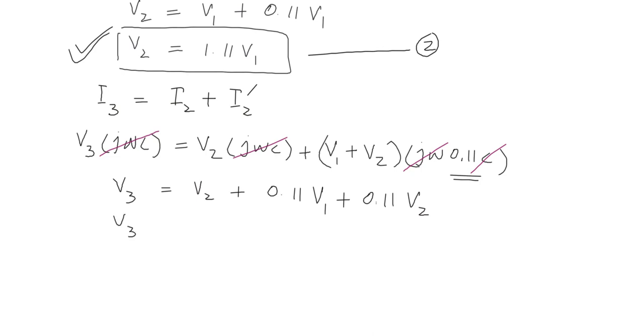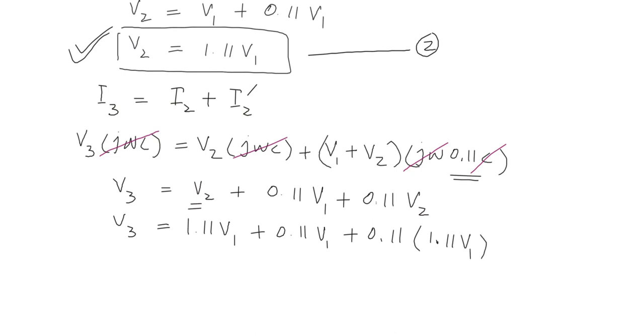Then I can plug in the value of V2 which I determined previously from equation number 2. So V3 will be equal to 1.11 times V1, which is the value of V2, plus 0.11 V1 plus 0.11, and the value of V2 was 1.11 V1.